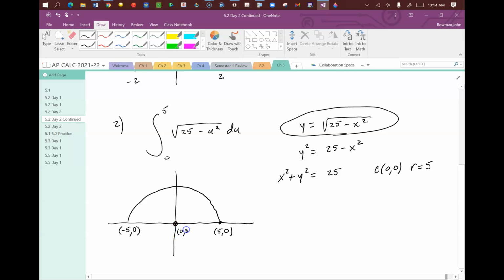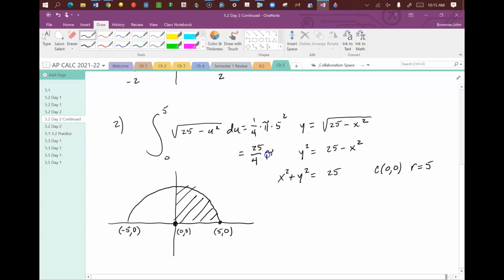So 0, 0, and that means we are finding this area. So our integral is going to be equal to 1/4 times pi times 5 squared, or 25 over 4 pi. And that's how you use geometry to find areas between functions and the x-axis.